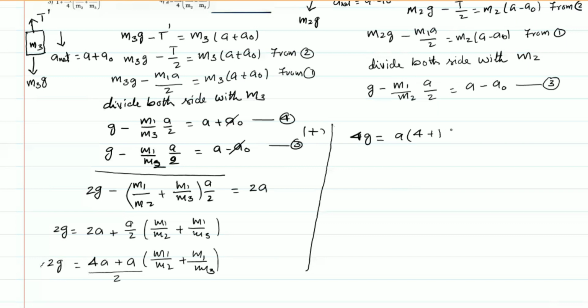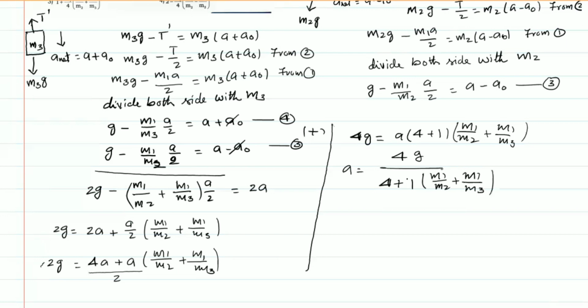So a common: 4 plus 1 into (m1 by m2 plus m1 by m3). So a is equal to 4g upon 4 plus 1 into (m1 by m2 plus m1 by m3).